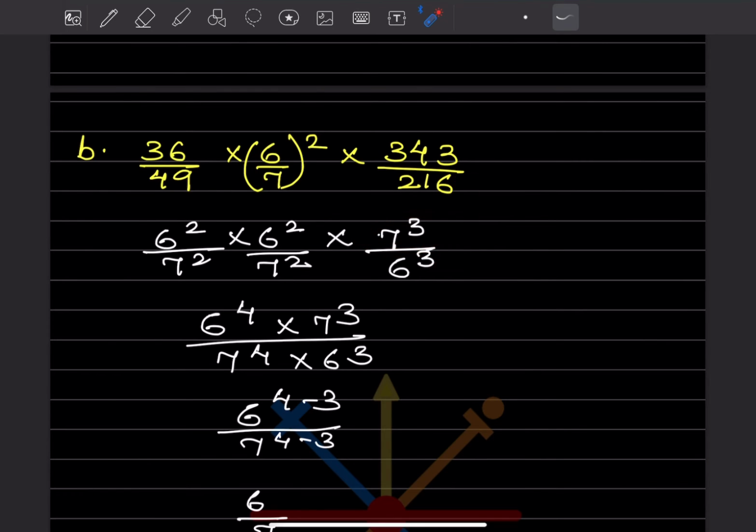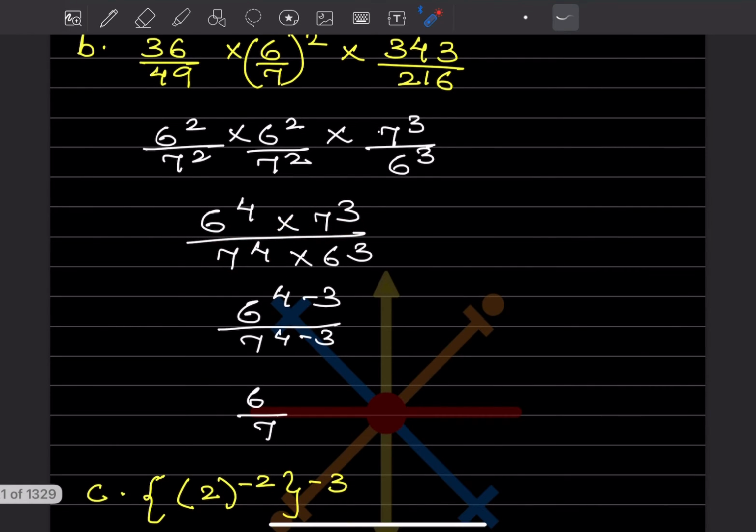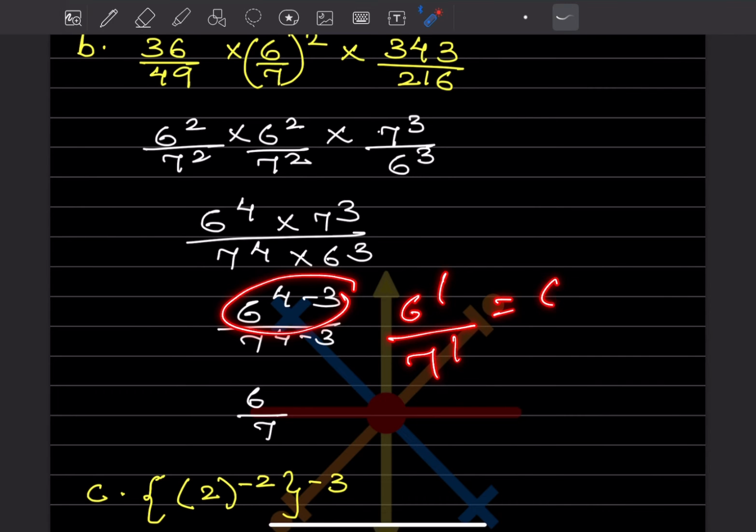So the base is the same, so we are going to add it. 6 raised to 4 into 7 raised to 3, and 7 raised to 4 into 6 raised to 3. So this part is 6 raised to 4 minus 3, and this is 7 raised to 4 minus 3. So this will be 6 raised to 1 divided by 7 raised to 1, that will be 6 by 7.